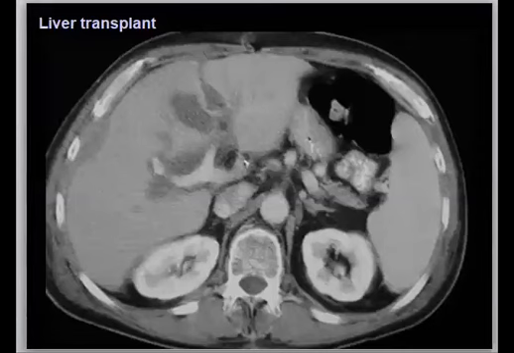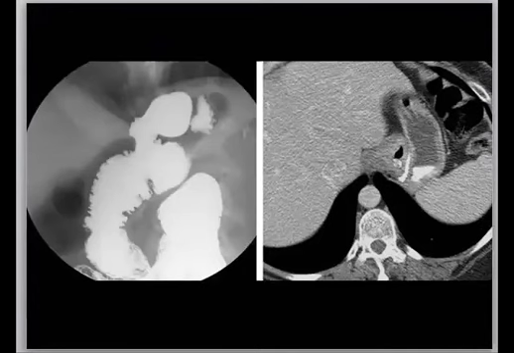They mentioned that the contrast material was opacifying the fundus and the excluded stomach, but there is no contrast material in the body of the stomach.